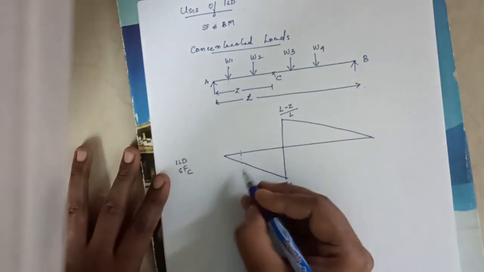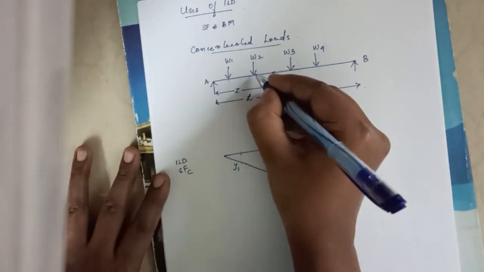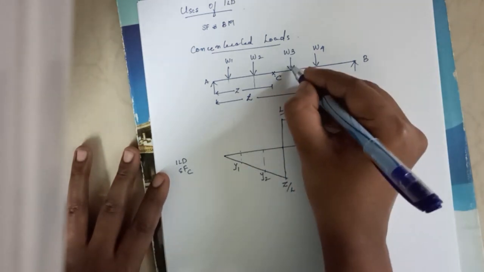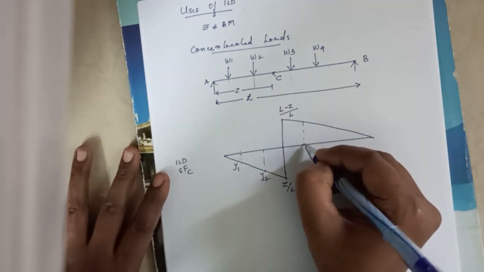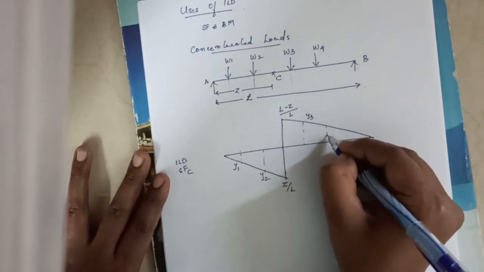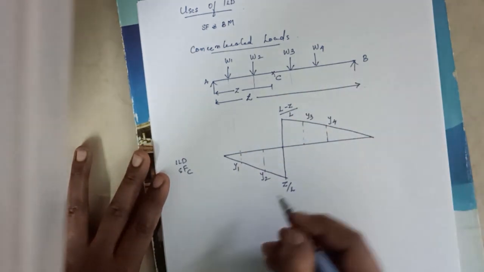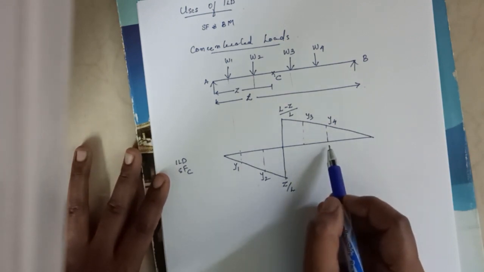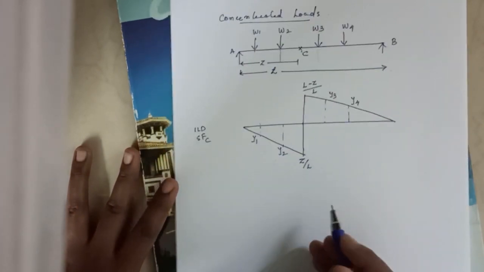For W1 the ordinate value will be Y1, for W2 the value will be Y2. Corresponding to W3 the value will be Y3, and W4 the value Y4. All these ordinates are found using the similar triangle rule.